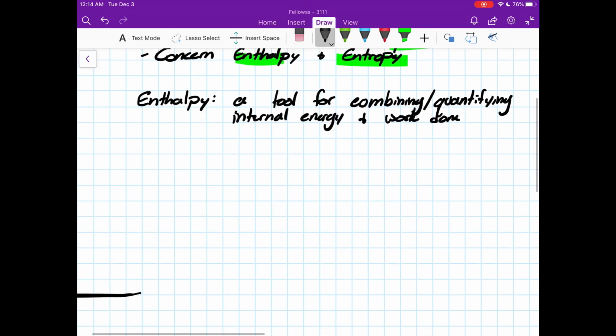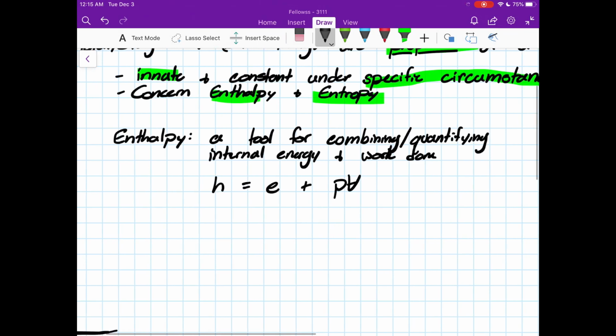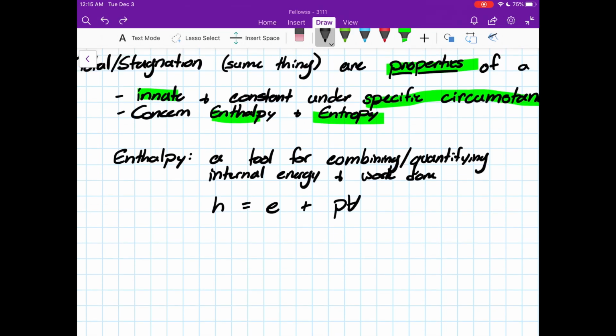And so you've probably seen this equation before in your thermodynamics class. This is the internal energy. And then I think this is rho v. I think it should be PV. I think it would make more sense if it was PV. Not super important for what we're talking about.